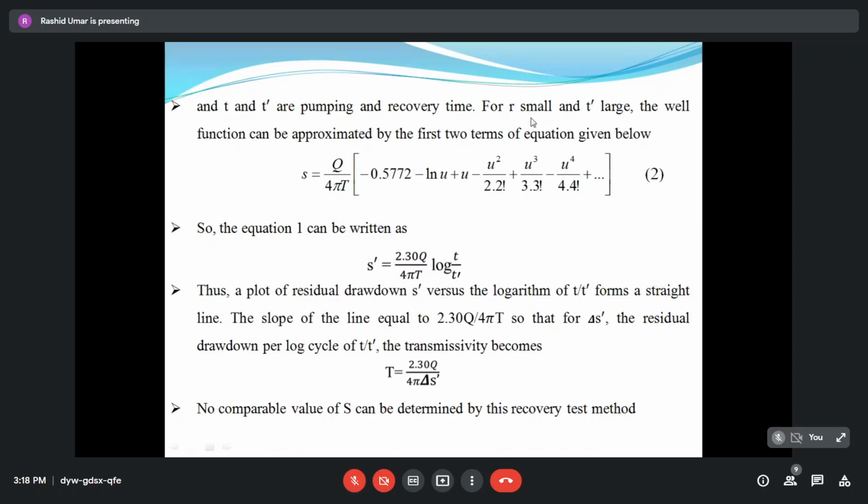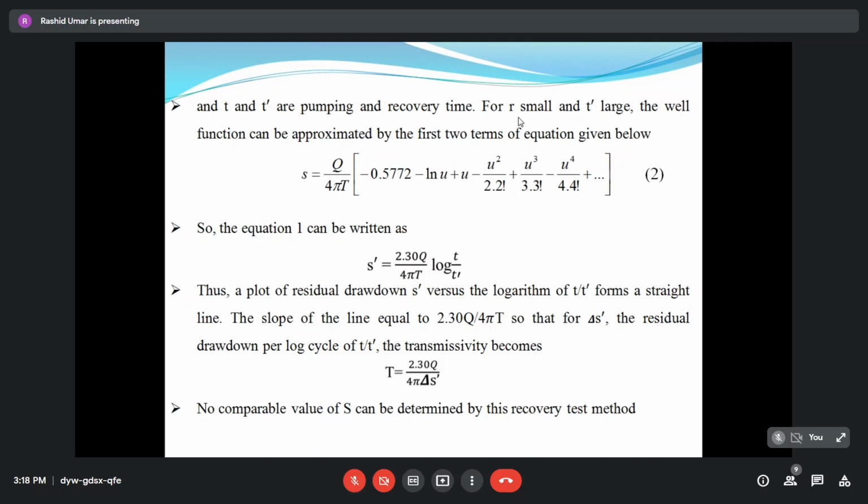For r small and t' large, the well function can be approximated by the first two terms of the equation given below. It is the same as in the case of Jacob's method. Here also, if the radial distance between the observation well and the pumping well is small and the recovery time is large, then u will become small.